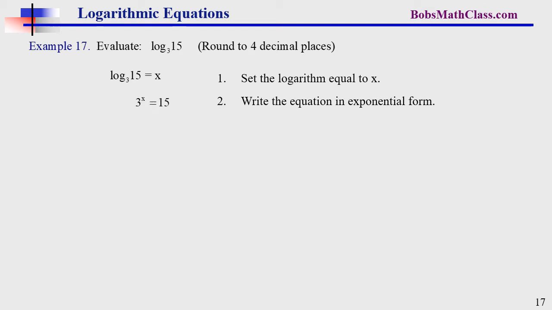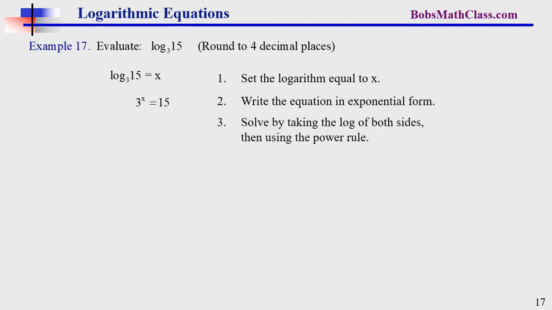So that gives us 3 to the x equals 15. Now, can we match the bases? No, because 3 to a power is not going to give us a 15. That's why in the directions it says round to 4 decimal places. That's kind of a key to tell you we're going to need a calculator.